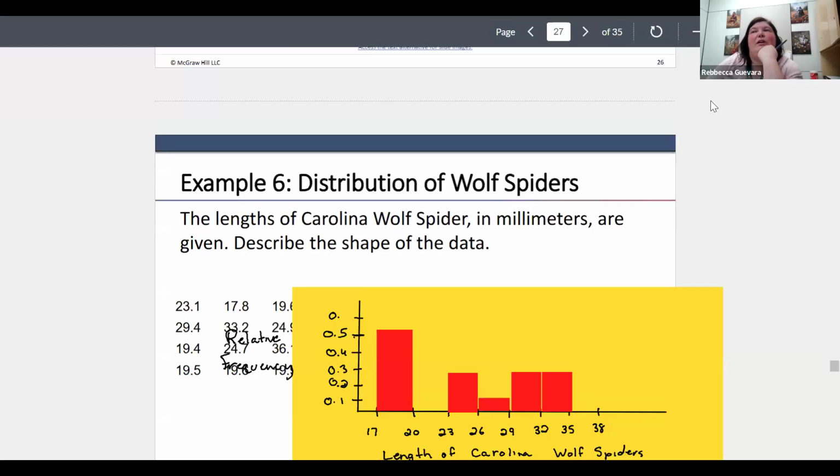So we want to try to describe the shape of this data with the spiders. We have one bump here, then it goes down, and then another bump here. You could argue that is bimodal data, or you could argue that it is unimodal.